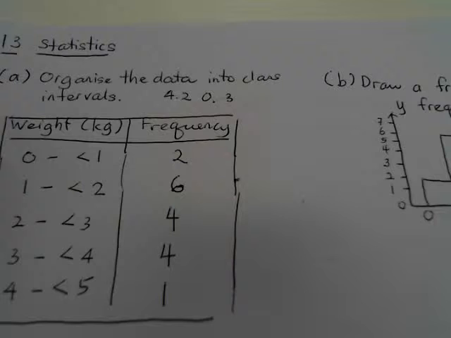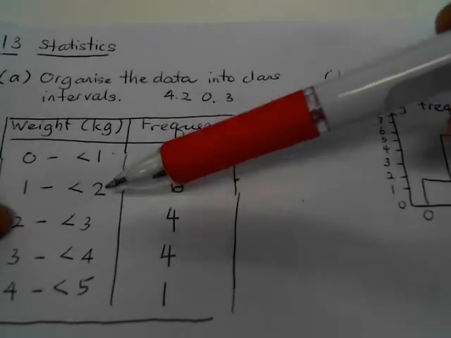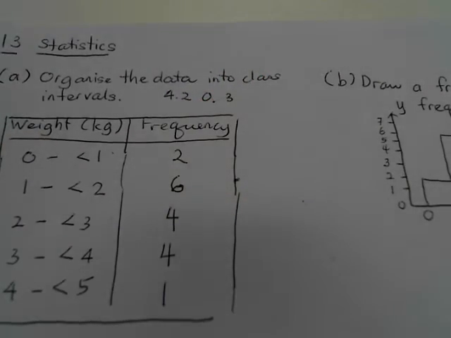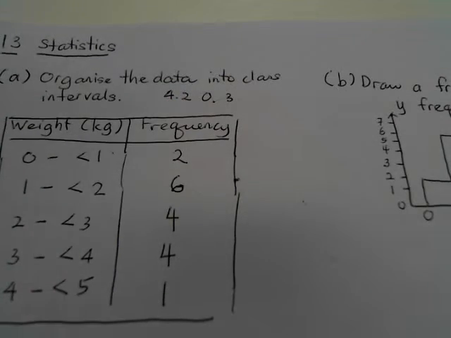If we have a number which is 1, for example, 1 kilogram, and my class intervals are 0 to 1, 1 to 2, 2 to 3, how am I going to categorize that particular 1 kilogram? So the reason why I put less than 1, think about it, is 0.99 less than 1. If 0.99 is less than 1, that is the particular class interval over there. And that's how you sort out the continuous data into that particular class interval.